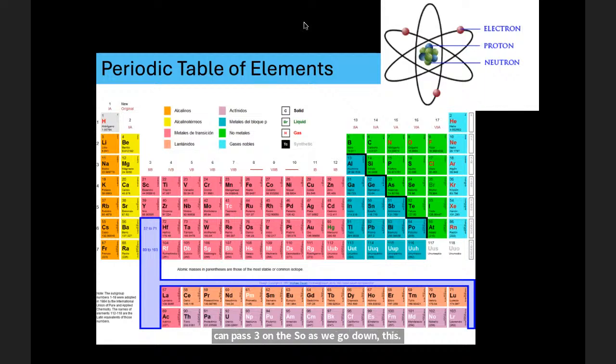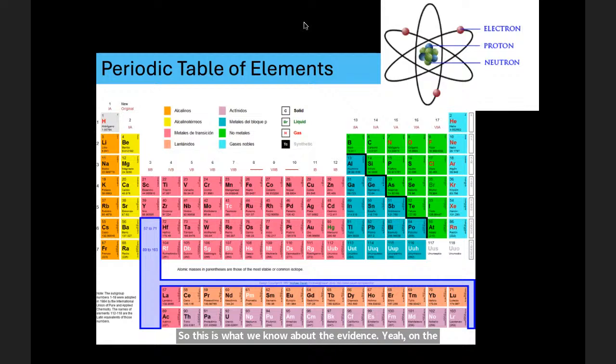This table is organized according to the number of protons, but also according to some chemical properties. For instance, around here we have the gases, around here we have some solids, and so on. So this is what we know about the elements here on Earth.